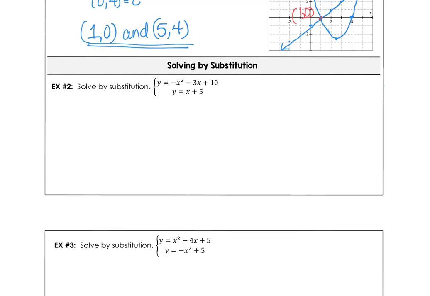Example 2, we're going to take a different approach and use the substitution method. If I set both equations equal to each other, since they're both equal to y, then we know that equation 2 is equivalent to equation 1 because both equations are equal to y.